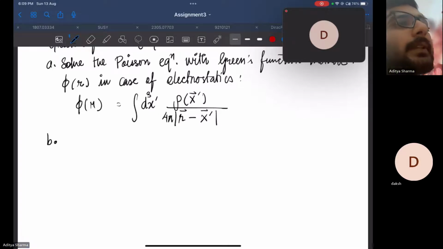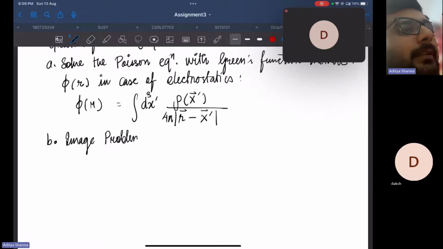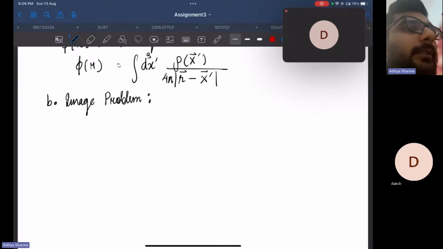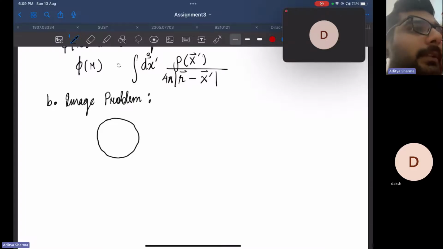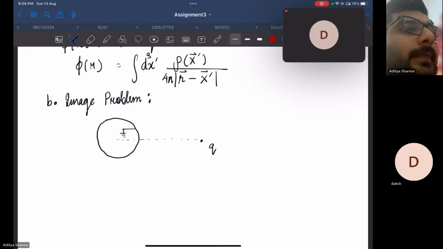Then we saw something called the image problem, and one of the examples was worked out. If you have a sphere which is a conductor and it is grounded, and you have a charge Q outside, you have to find the image charge, Q image, which is inside.